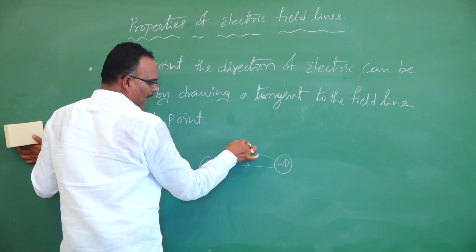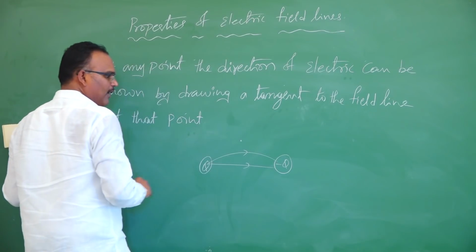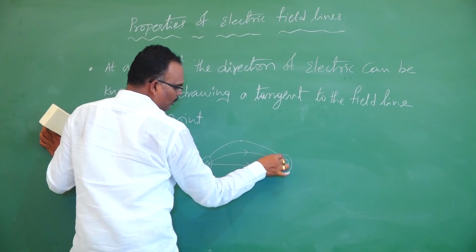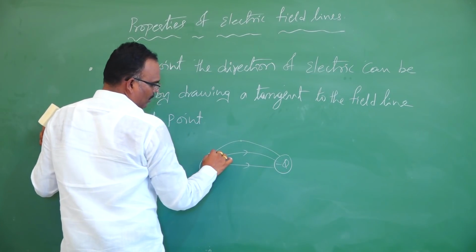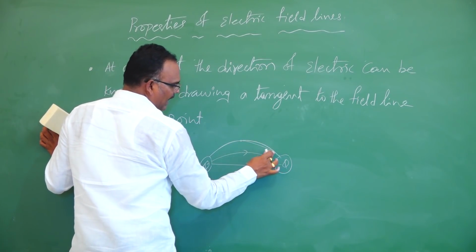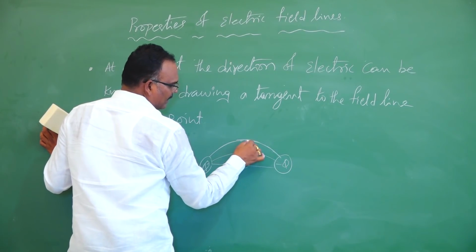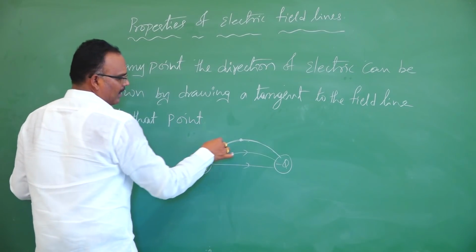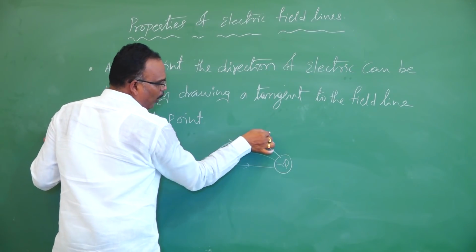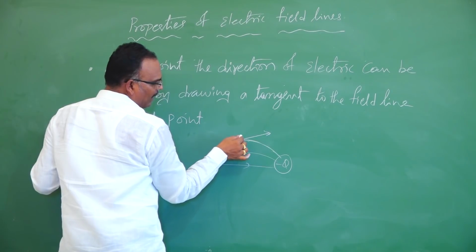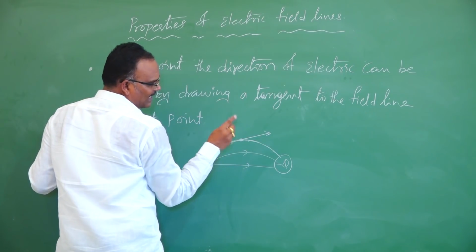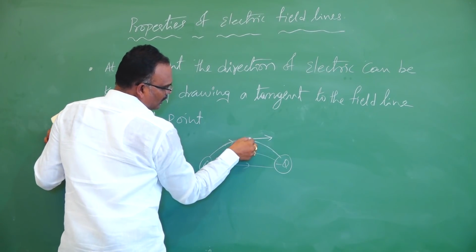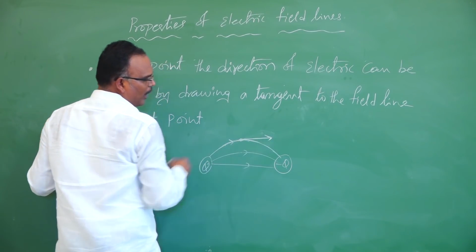If I want to know the direction of the electric field at this point, I need to draw one field line passing through that. If you know the field line at this particular point, then you should draw a tangent at that point. We know for any curve we can draw only one tangent. So this is the tangent at this particular point.